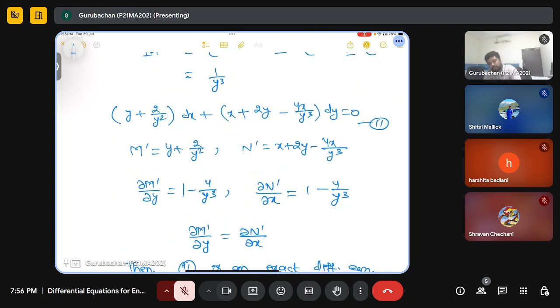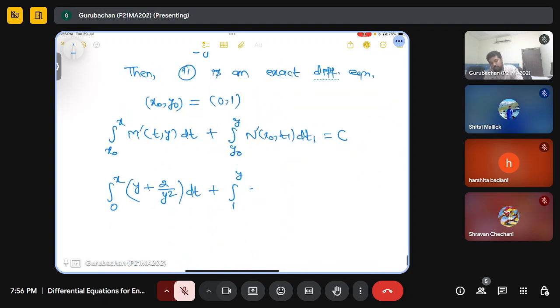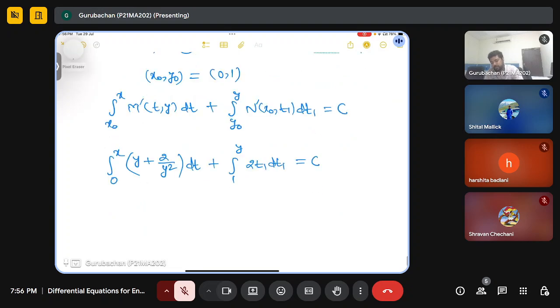I'm again mentioning, since we have to put x naught equal to 0, n will become 2y only. So this will be 2t1 dt1 is equal to c. So this will give you x into y plus 2 by y square from 0 to x plus t1 square from 1 to y is equal to c.